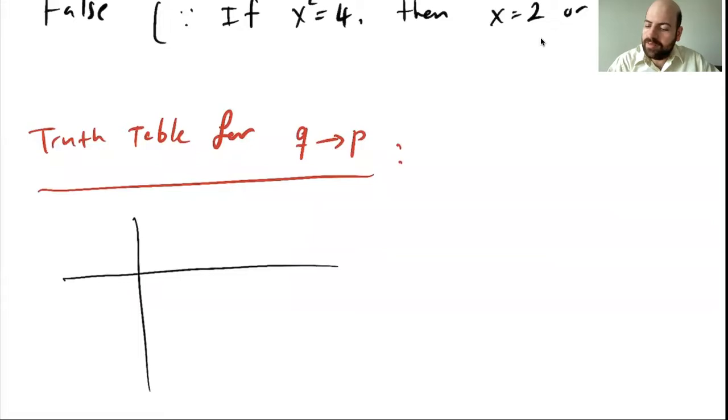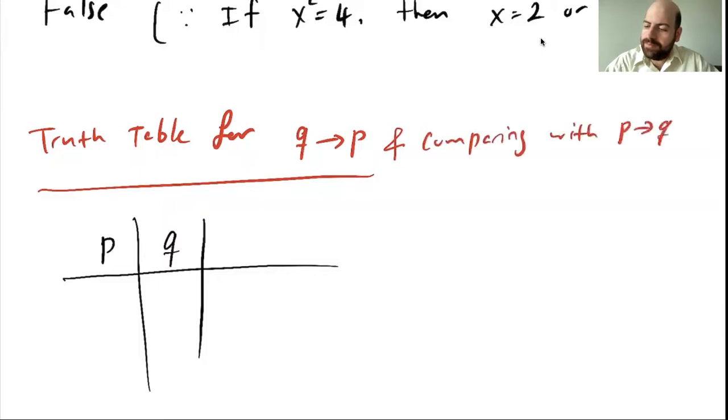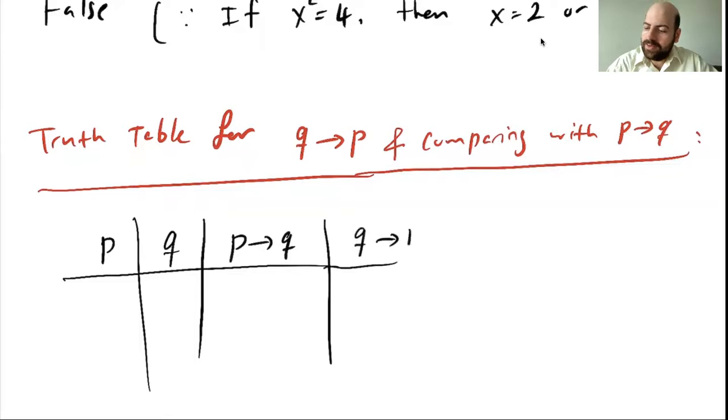So we see P, Q, and comparing with P implies Q. So this is P, Q, P implies Q. And then we also have Q implies P. I want to draw a truth table that has both, one column for P implies Q, one column for Q implies P.